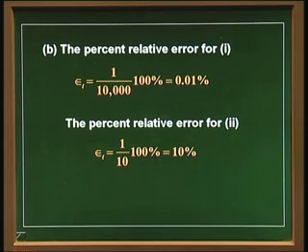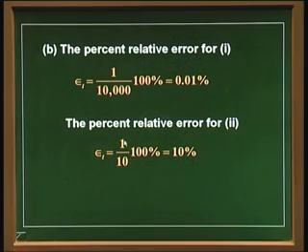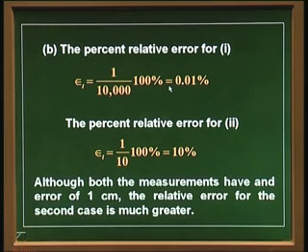We have 10% error if you use a scale with 1 centimeter precision and measure something like a rivet, a 10 centimeter object, while if you measure the bridge with it, we have an error of only 0.01%. So both the errors are 1, but the significance is different, right?